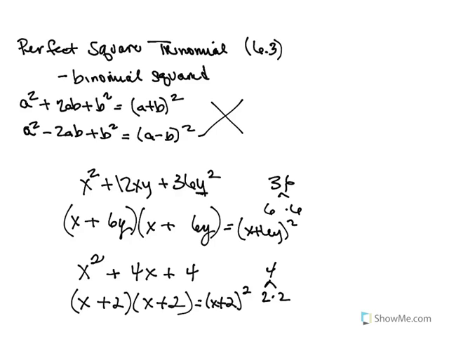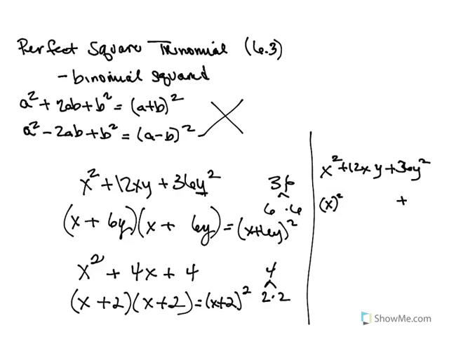You don't have to use that shortcut method, but I'll show it to you here. If we use the x squared plus 12xy plus 36y squared, you identify your a and your b. My a here is clearly x, and my b here would be 6y.